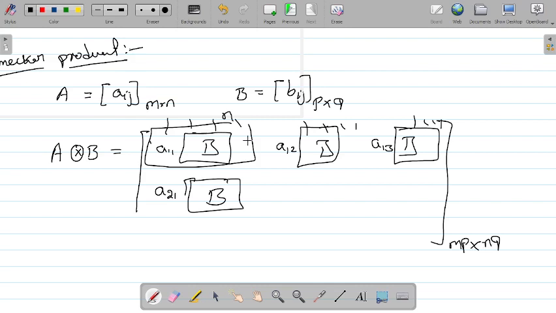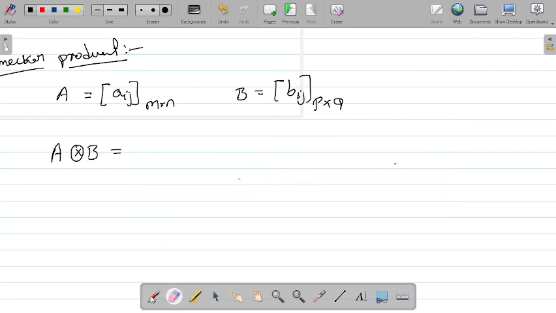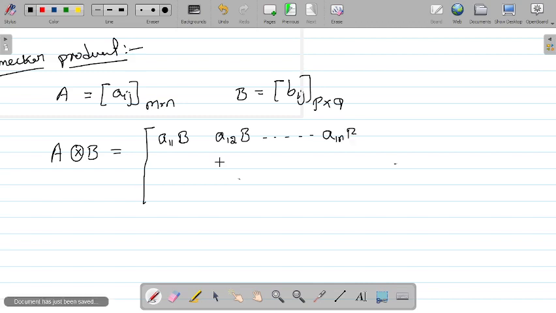So let me write it. Now A cross B is defined this way. A11 into the matrix B. Similarly, A12 into B, and so on, A1n into B. This is the first row.